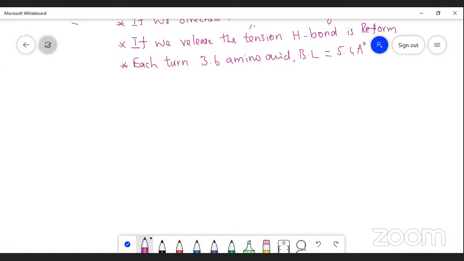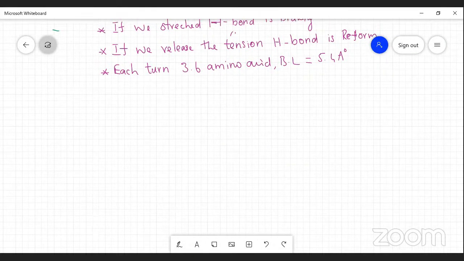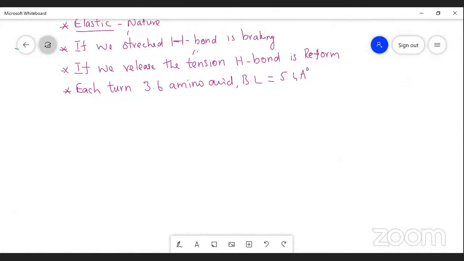Another secondary structure is the beta pleated structure. The next structure we are taking is the beta pleated structure. So the secondary structure is the beta pleated sheet.